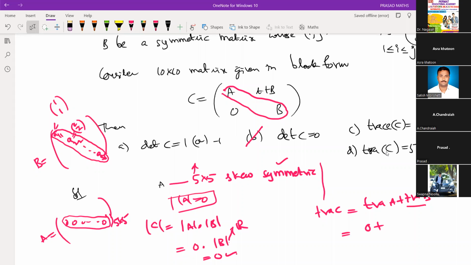What is a33? Binomial coefficient (3, 3). What is a55? Binomial coefficient (5, 5). (1, 1) is 1. (2, 2) is 1. (3, 3) is 1. (5, 5) is 1. 1 plus 1 plus 1 plus 1 plus 1, five times. Therefore 5. So 5 plus 0 is equals to 5. So trace of C equals 5. Is it clear?